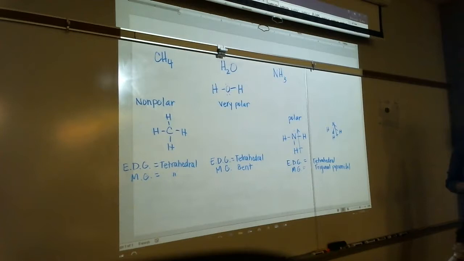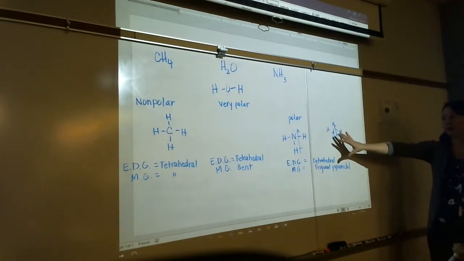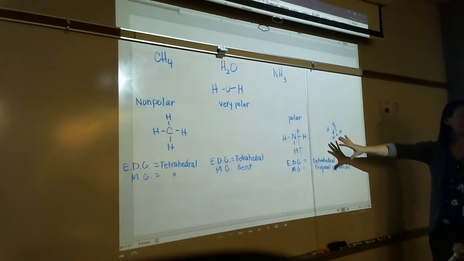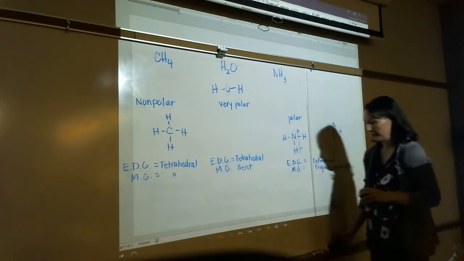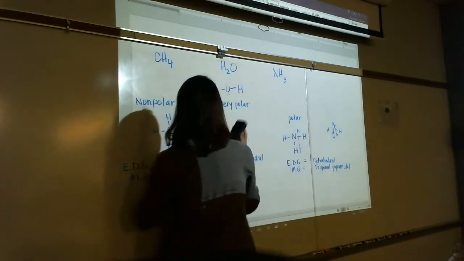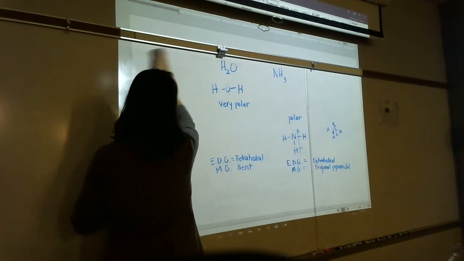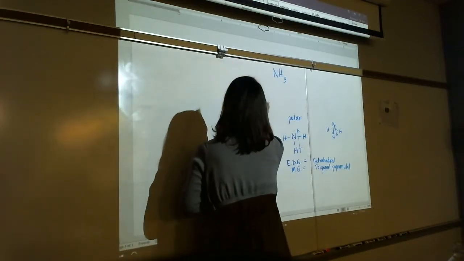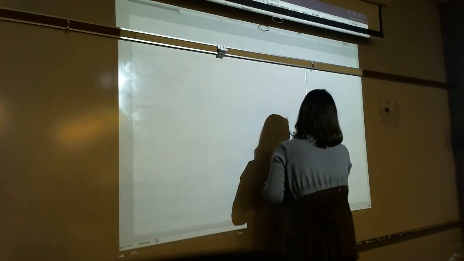Does everyone understand how we diagnosed the molecular geometry and then we decided whether or not it's polar? Does that make sense? Okay, I've got one more example that I want to show you. It kind of ties Lewis structures and formal charge together, and then we'll get into a little bit of IMFs if we have time. I think we can.